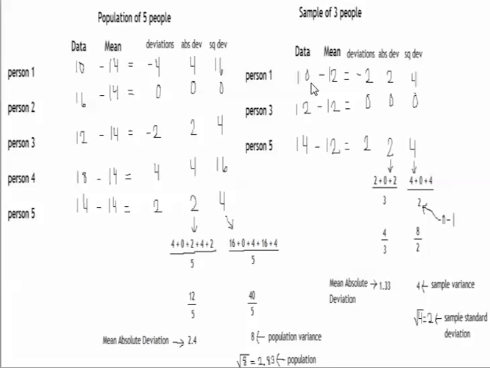If you want to find the mean absolute deviation of the sample, first you have to find the mean of the 3 data values in the sample right here. I add these numbers and divide the total by 3, since there's 3 numbers in here, and the mean comes out to 12.